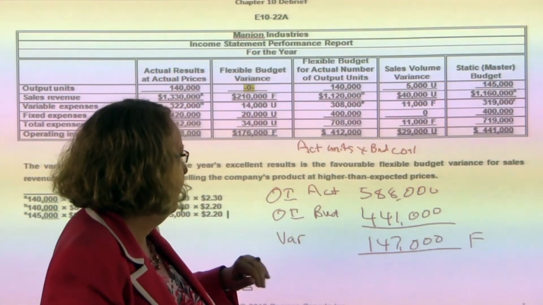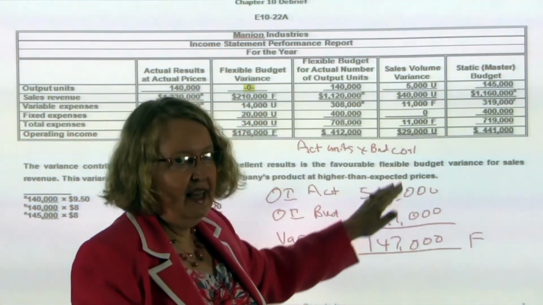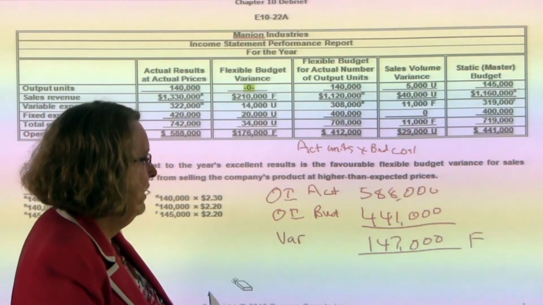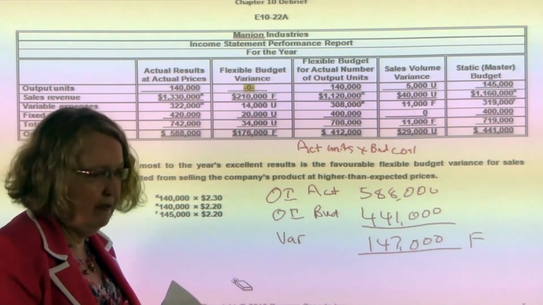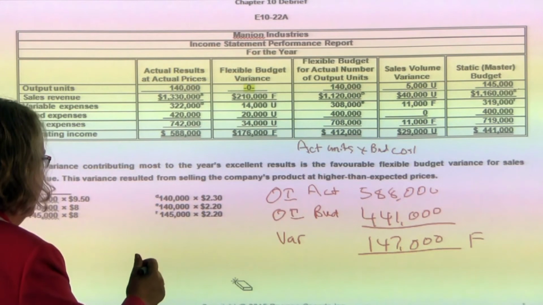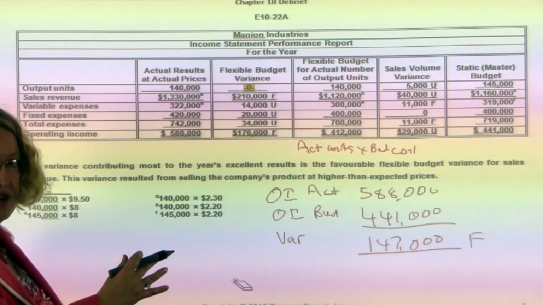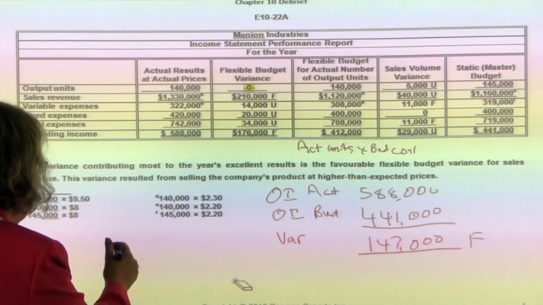So when you add all of that up, you see that the sales volume variance is an unfavorable $29,000.